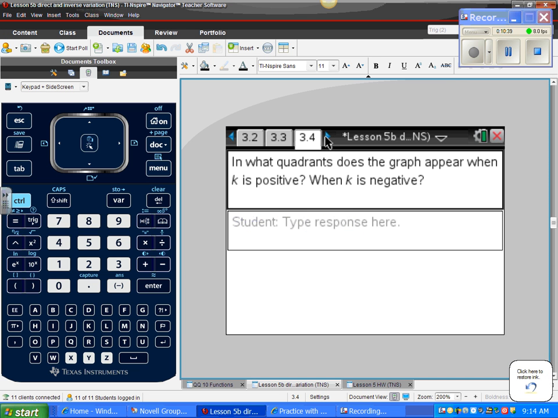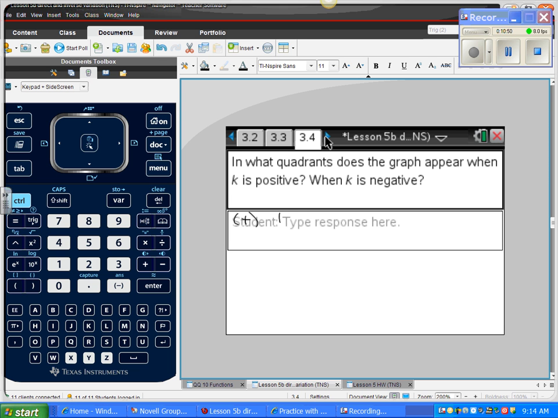Okay. And what quadrants does the graph appear in when k is positive? 1 and 3. Good. Negative? 2 and 4. So positive, 1 and 3, negative, 2 and 4. We okay so far?